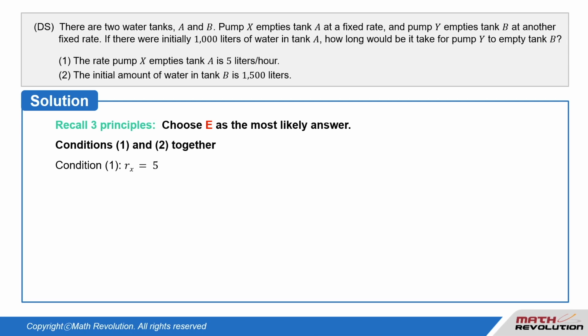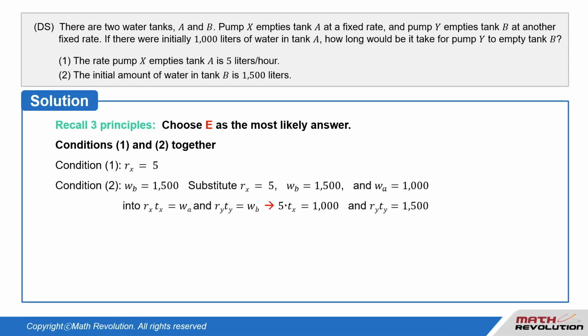Let's take a look at both conditions together. Condition 1 tells us that Rx equals 5. Condition 2 tells us that Wb equals 1,500.